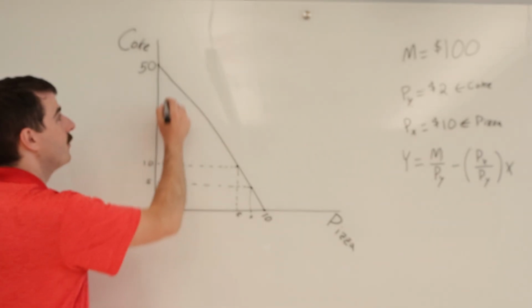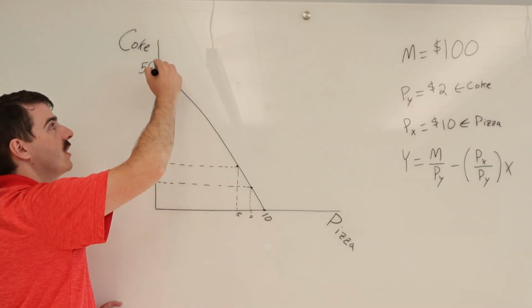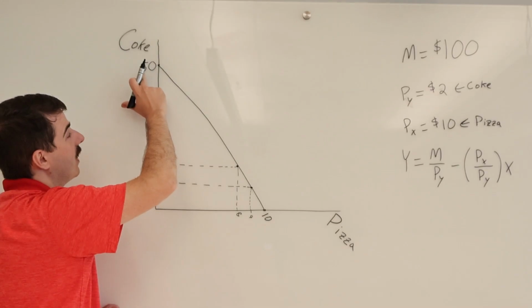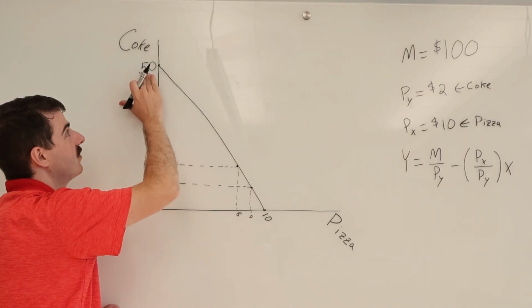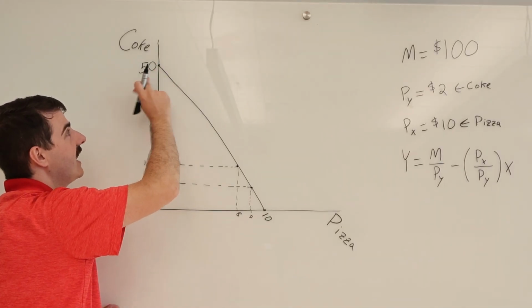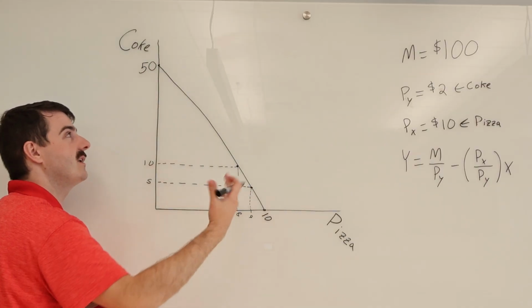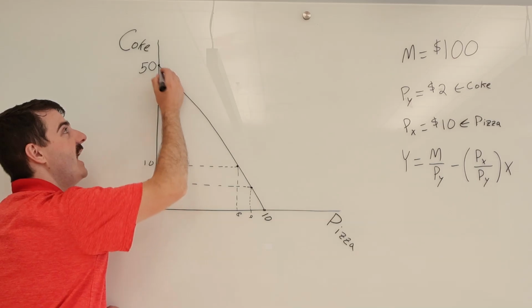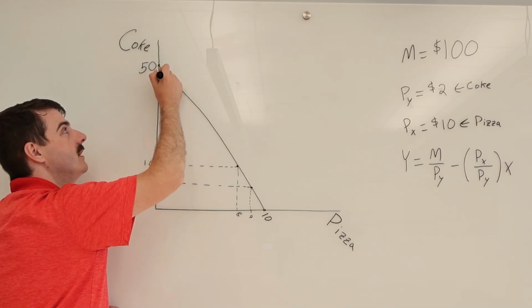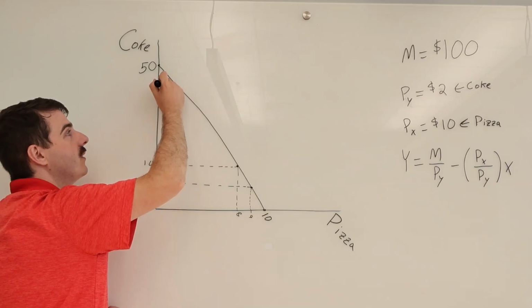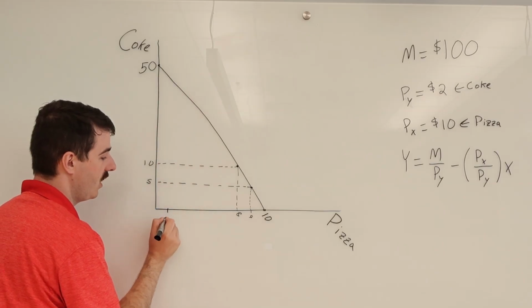And just to make it super clear, over here we're starting at 0 pizzas and 50 Cokes. Well, what if we say, okay, this is a party with only drinks and no food? That doesn't sound like a great time. Well, let's add a single pizza.